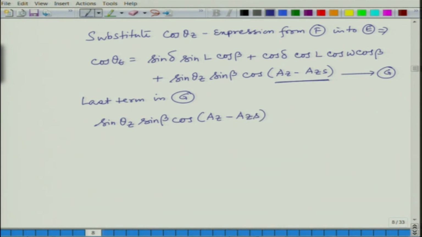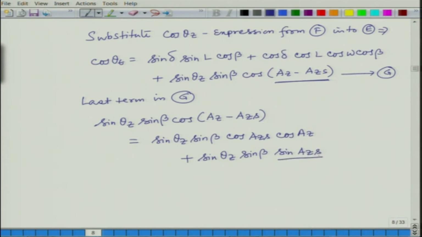This is the last term of the expression G, and this will be equal to sine of zenith angle sine of tilt angle multiplied by cos of surface azimuth angle and cos of solar azimuth angle, plus sine of zenith angle sine of tilt angle multiplied by sine of surface azimuth angle and multiplied by sine of solar azimuth angle. Okay. So, that is what we are getting now.